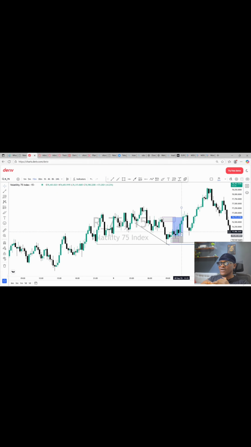Another thing is focus on only your A plus setups, right? If you trade less and you pay attention to only the setup that you know is legit, it is going to play out at the end of the day. You don't trade every single pattern you see on the chart. You don't trade every single familiar move you see on the chart.